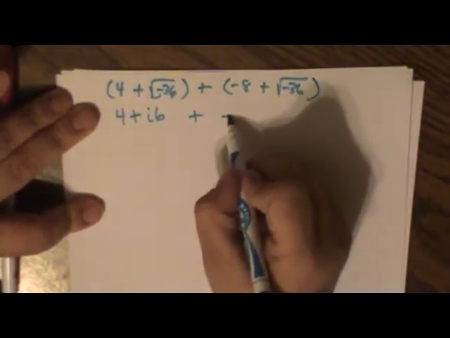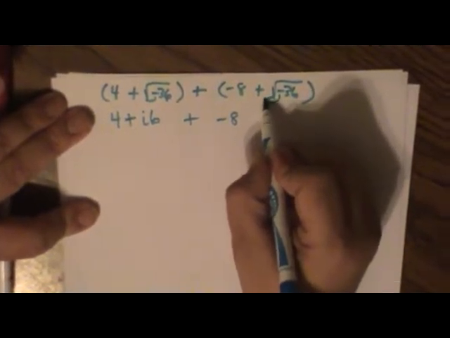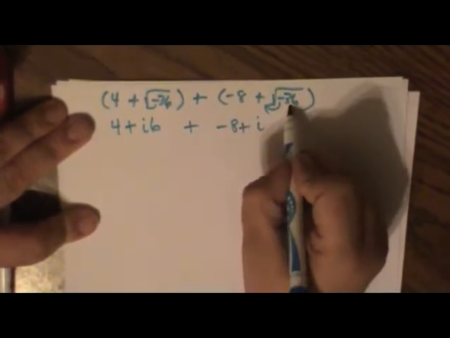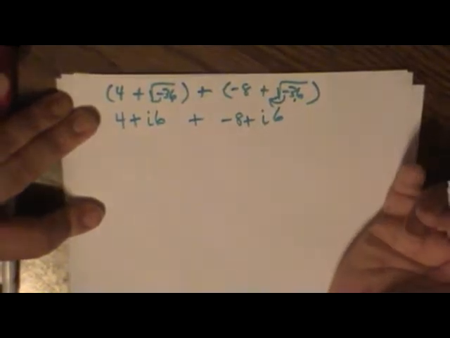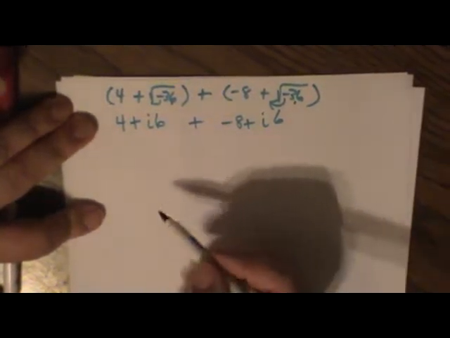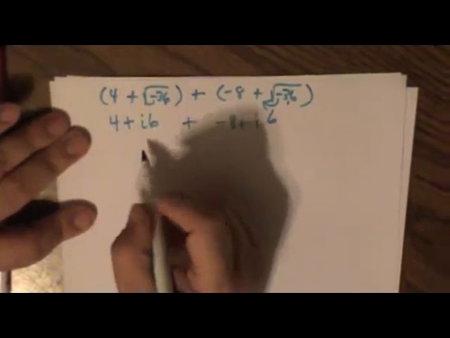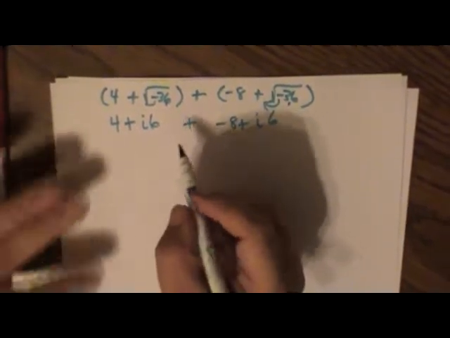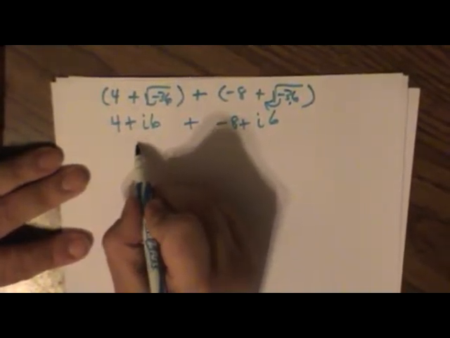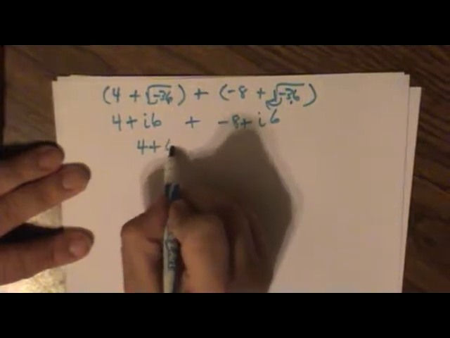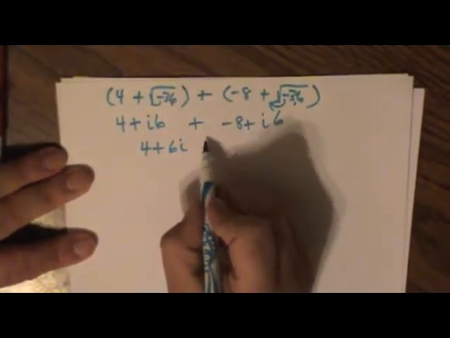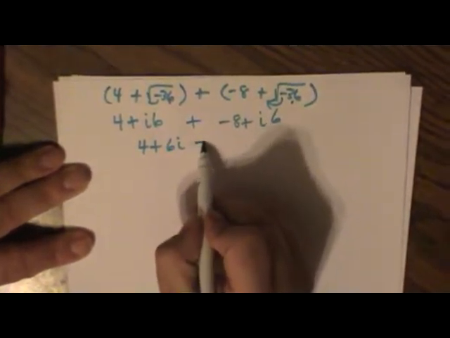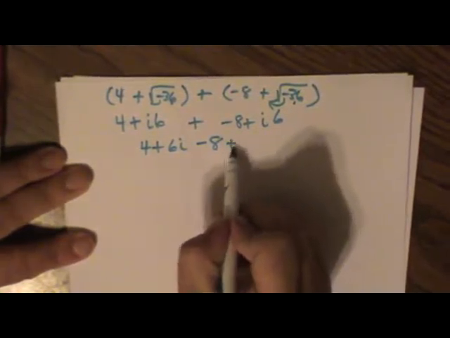And then we're going to add negative 8. The negative comes out as an i, and then 6 times 6 is 36. So we have 4 plus 6i. I'm going to rewrite it just a little bit, and we're going to have minus 8 plus 6i.